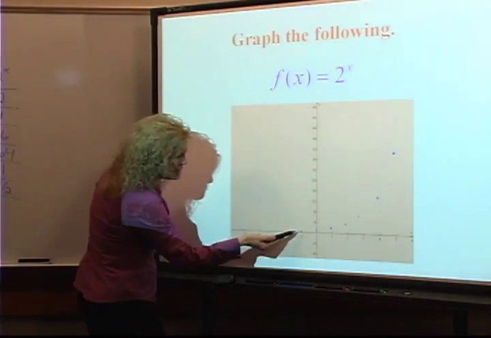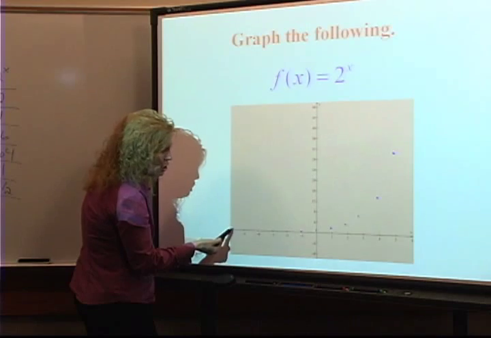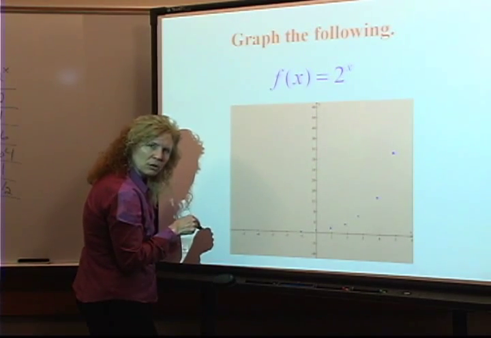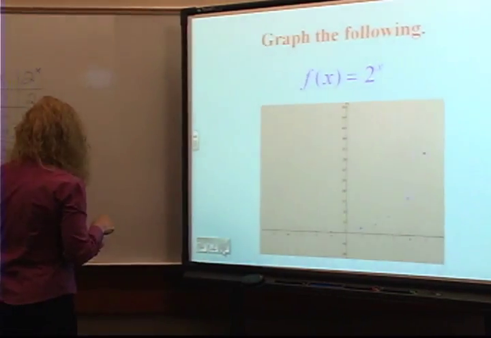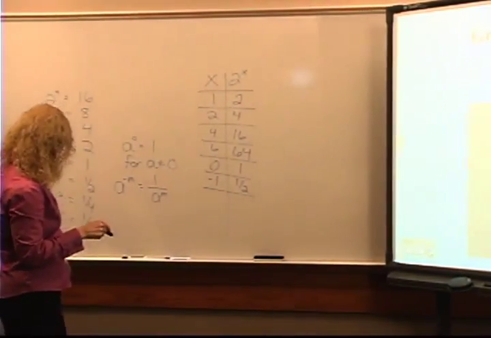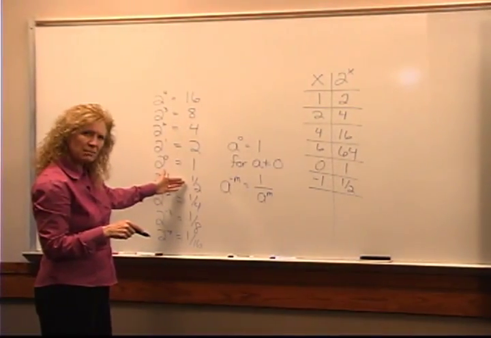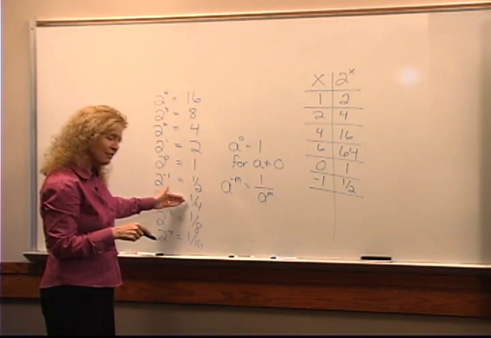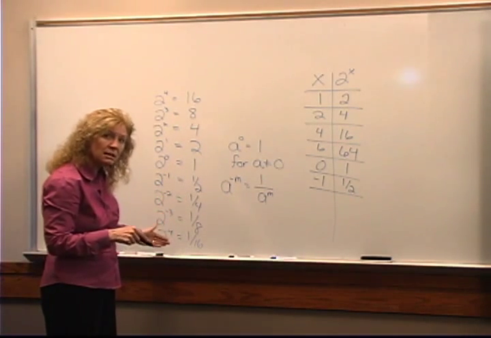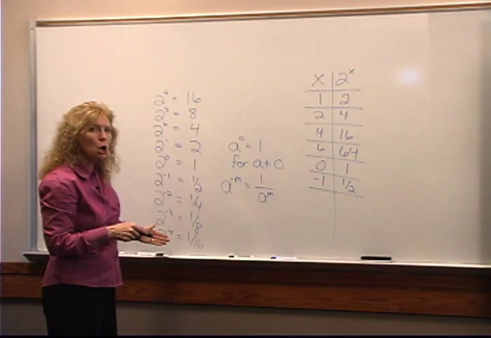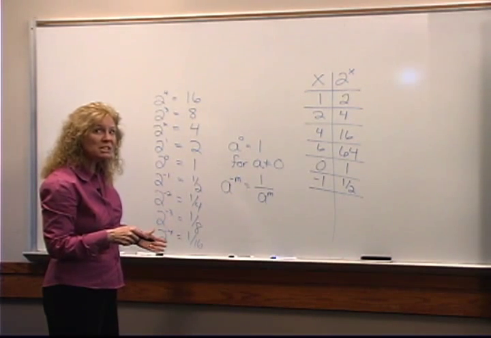Now, as we continue over to the left, do we ever hit 0? Well, we would effectively just keep cutting it in half. We'd have half, a 4th, an 8th, a 16th. We're never going to hit 0, are we? But it's going to get daggum close.